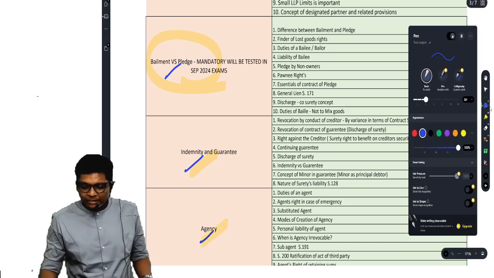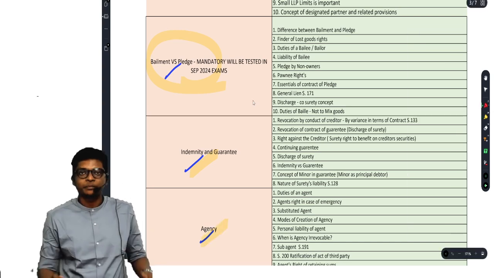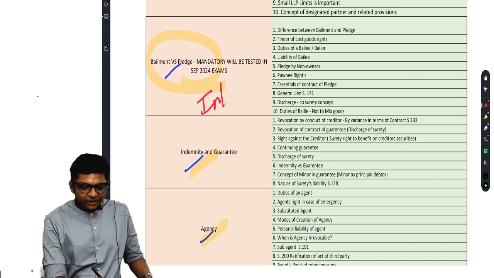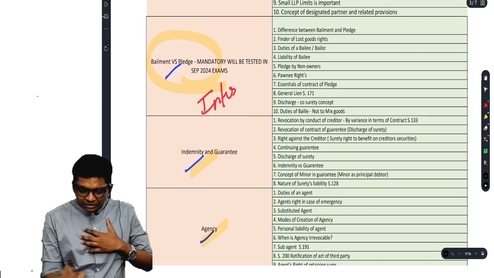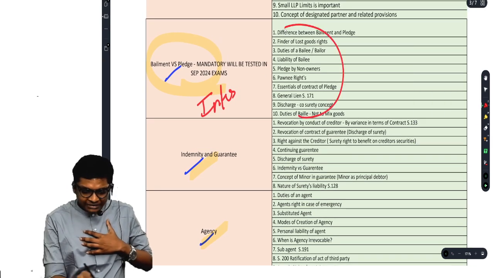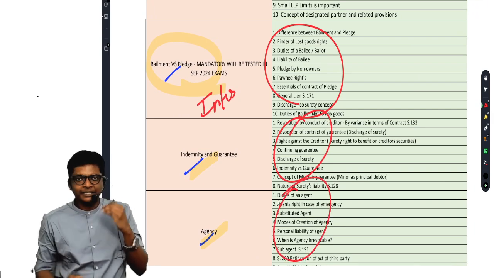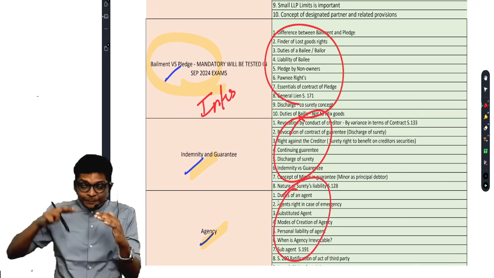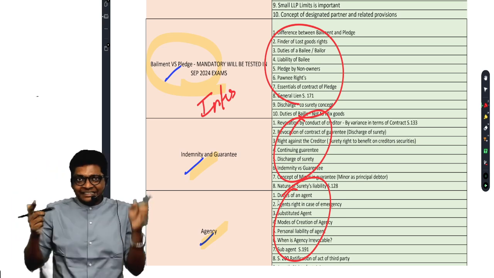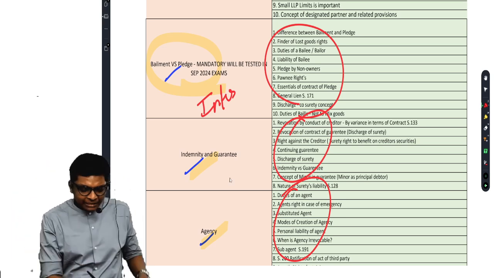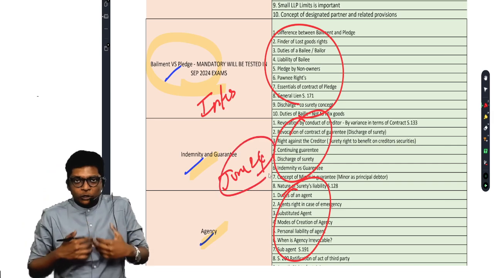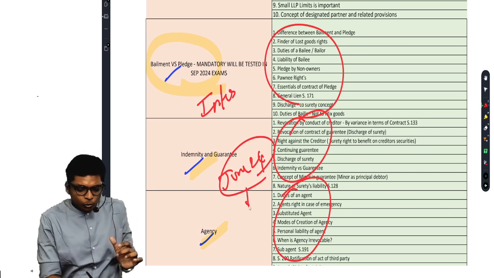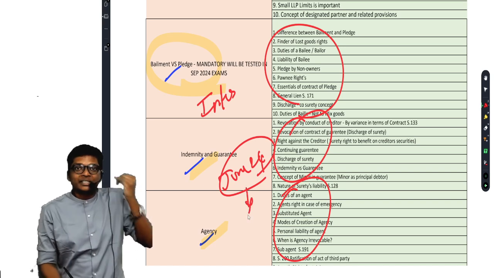Sir, how did you write which questions they will test? Very simple. These three topics are coming from CA Inter. So all the concepts I have put here for bailment, pledge, agency and indemnity are concepts tested in CA Inter in the last 8 attempts, minus what was tested in June 24, and they are most probably going to be tested again, because in June 24 also they tested what they used to test in Inter.